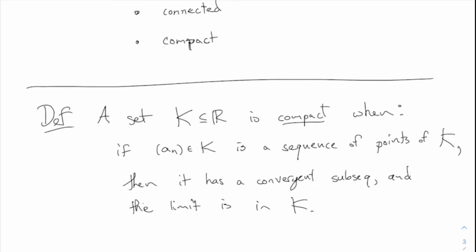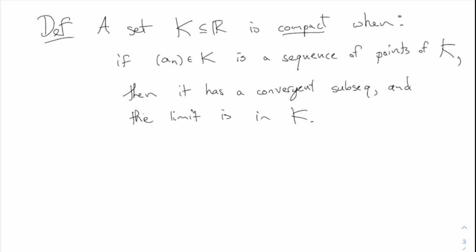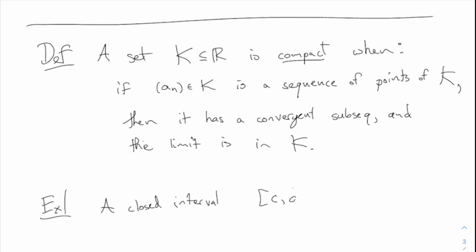The standard example of a compact set is a closed interval. A closed interval, I'll write it as C to D, is compact.